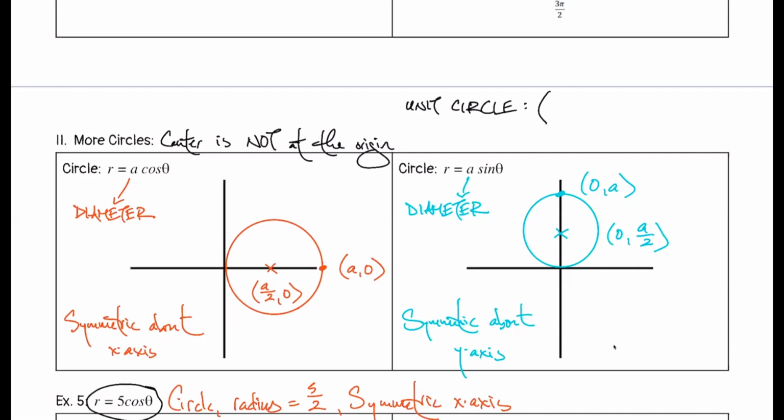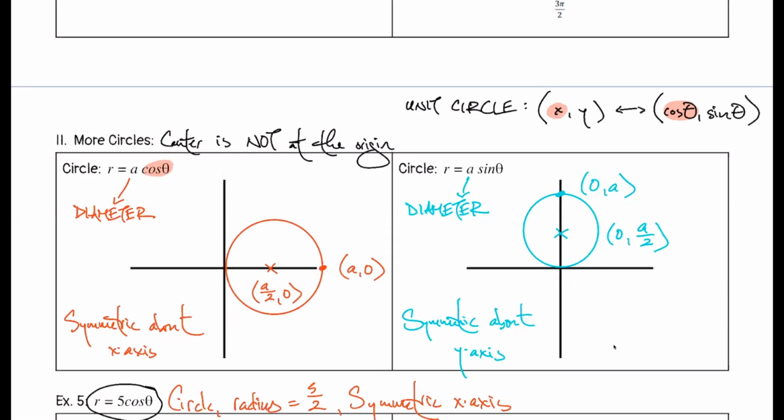the x coordinates and the y coordinates are actually the same as the cosine of an angle and the sine of an angle, right? And so it shouldn't surprise us too much that when we have cosine in the circle equation, that actually corresponds to symmetry around the x-axis.